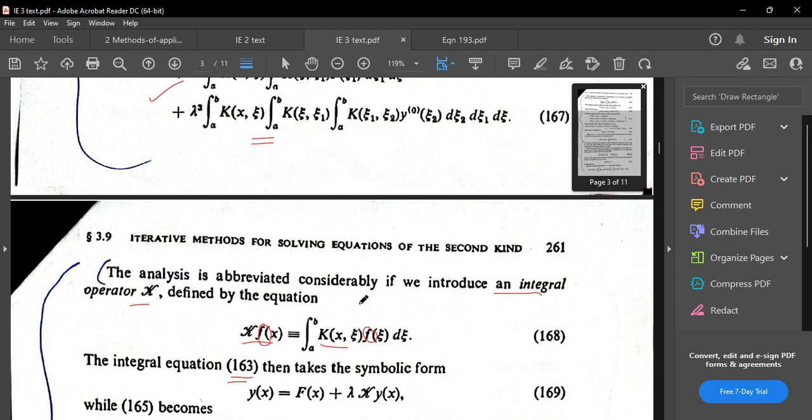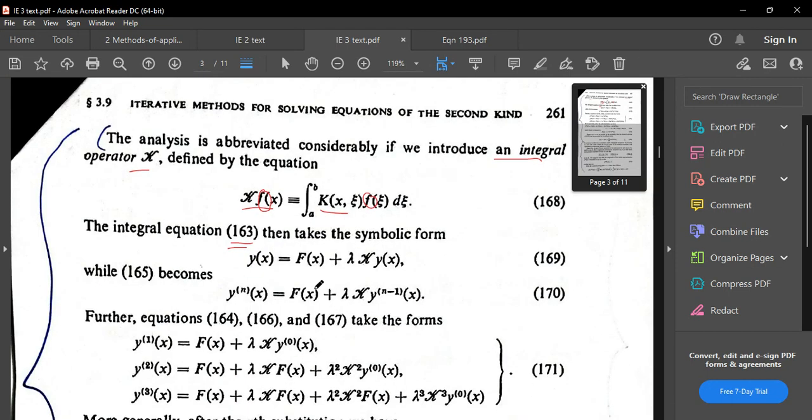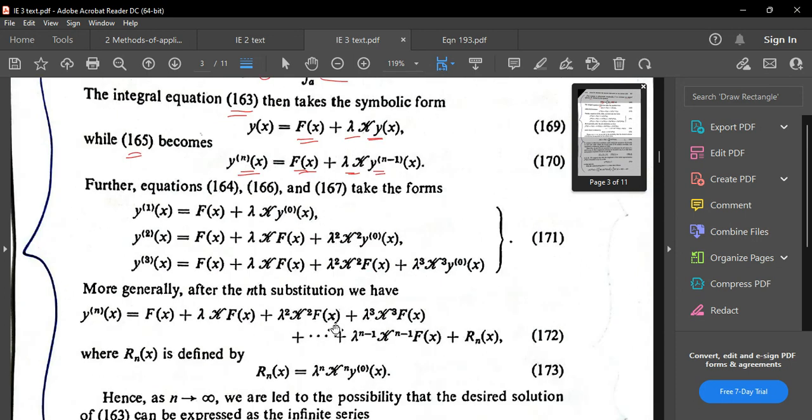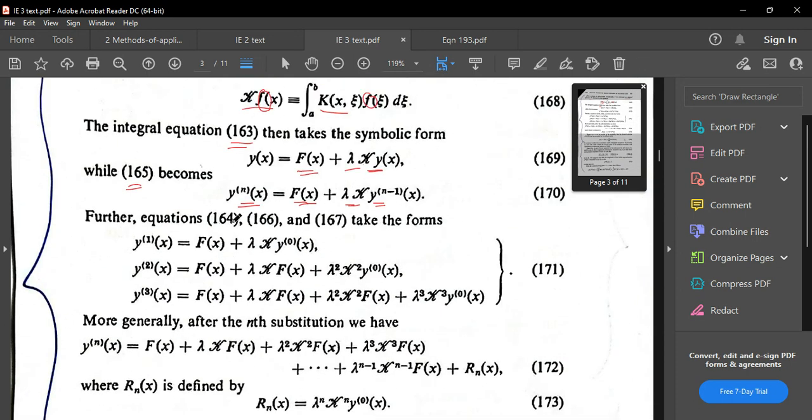We will get that equation as y equals f of x plus lambda script k y. So yn of x will be 165. If we look at 165, we get f of x plus lambda script k y raised to n minus 1. So by introducing the new operator, we will modify equations 164, 166 and 167.